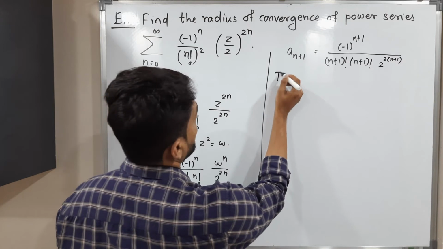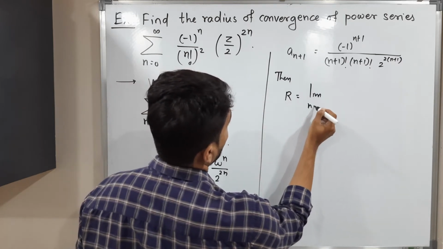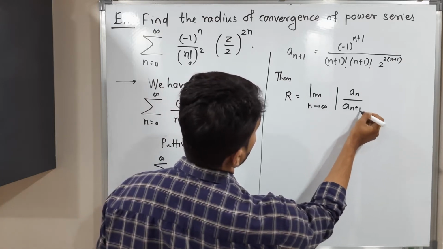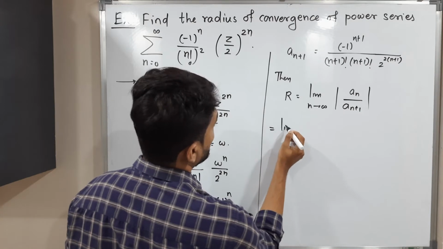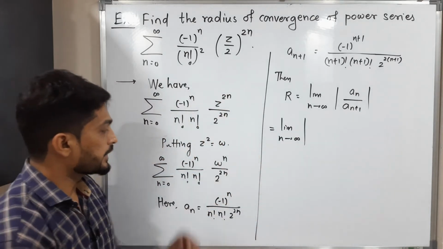Then I will use the formula R, the radius of convergence, is equal to limit n tends to infinity of mod a_n upon a_n plus 1. So let us put values: limit n tends to infinity of mod. What is our a_n?